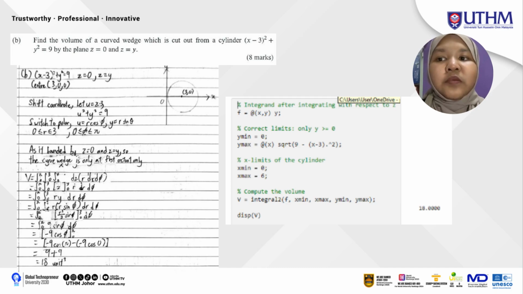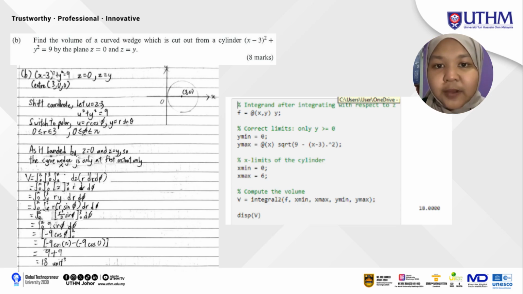So the polar coordinate, which is u equals to r cos phi, y equals to r sin phi. So after that, we use the volume formula to integrate the equations, the value of 9. Before we integrate the value, we put the value of 9 on the r cos phi and r sin phi.